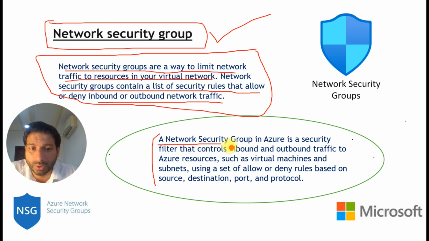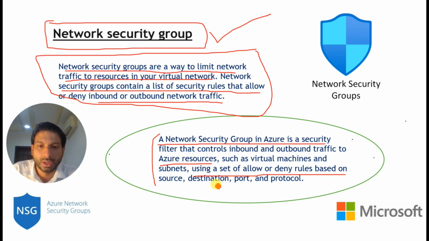A network security group in Azure is a security filter that controls inbound and outbound traffic to the Azure resources. Even a firewall also controls the inbound and outbound traffic to our network. The same way, a network security group acts as a security filter for inbound and outbound traffic to the Azure resources, such as virtual machine and subnet, using a set of allow and deny rules based on the source, destination, port, and protocol.